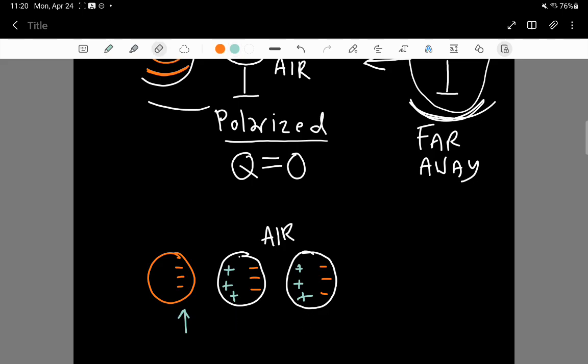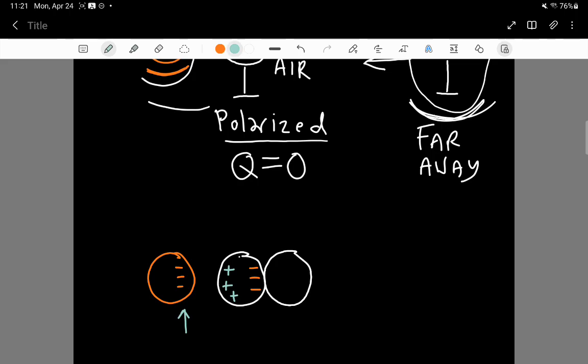And then what I'm going to do is bring this metal sphere closer until there is no more air gap. That is, I'm going to cause the two metal spheres to touch, and the electrons can flow across that small touch point where there's no insulator between because the metal spheres are touching. So let me do that. So now the metal spheres are touching.